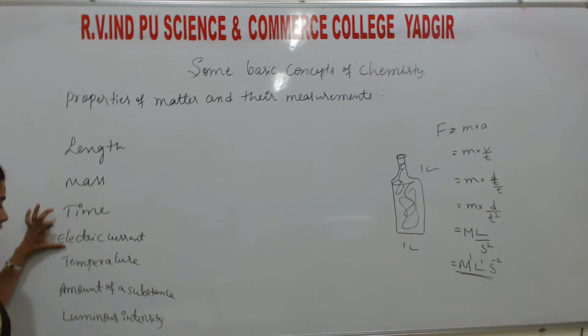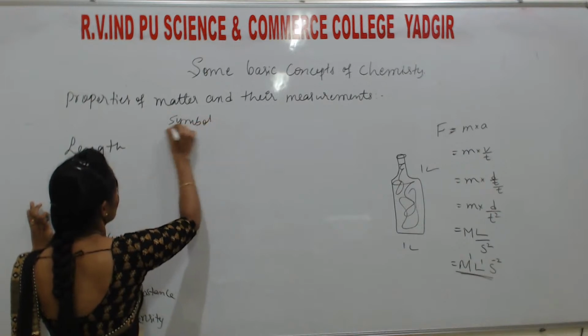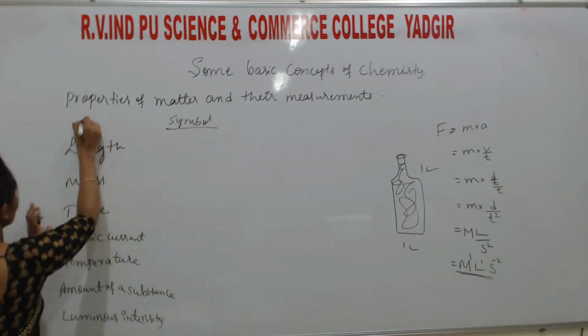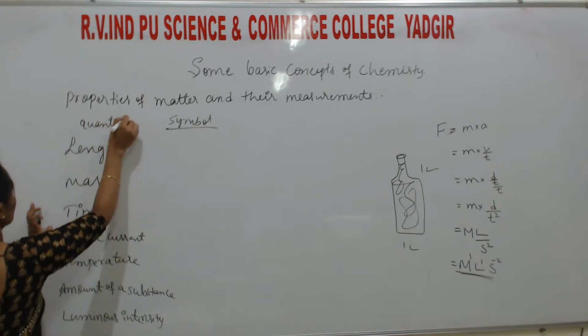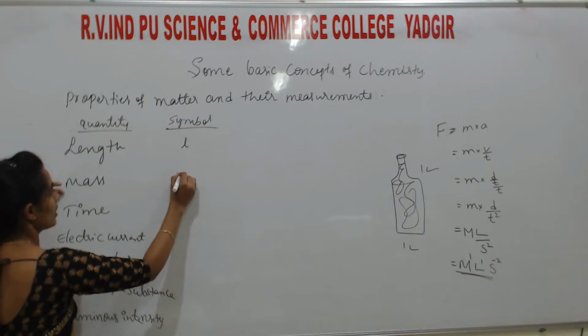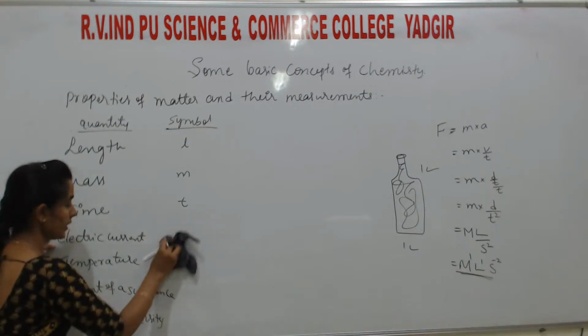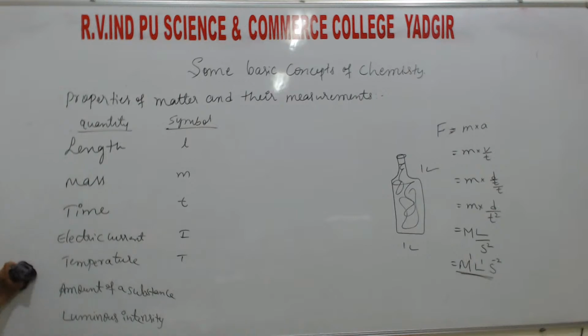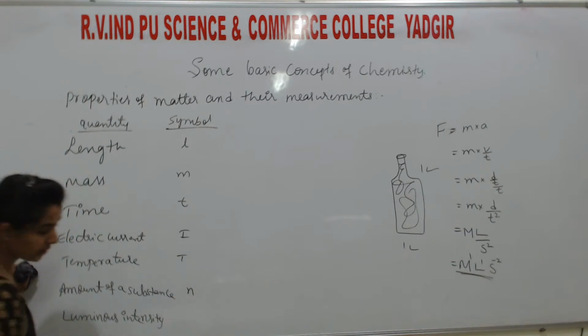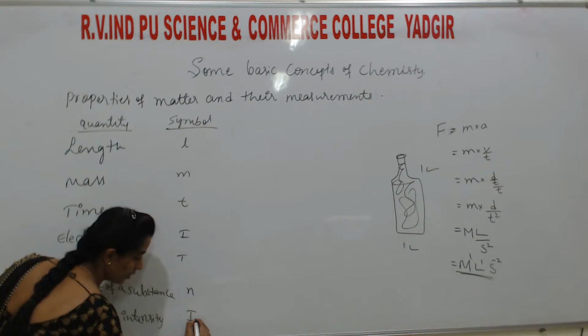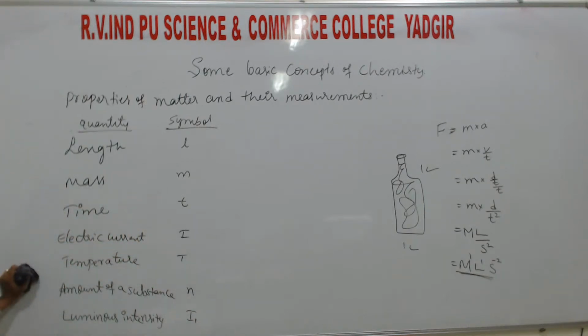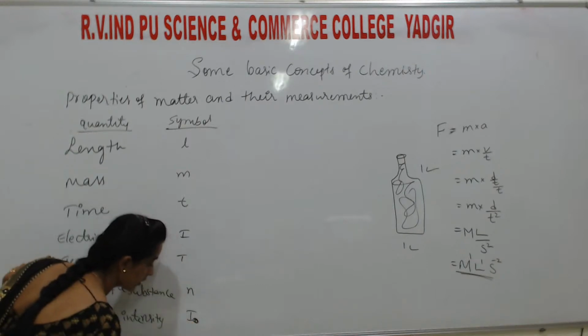Length, mass, time, electric current, temperature, amount of a substance, and luminous intensity. First, I write the symbol. This is the unit. Physical quantity. Next one is symbol. For length it is L, mass M, time T, electric current I, temperature capital T, amount of a substance N, and luminous intensity I.